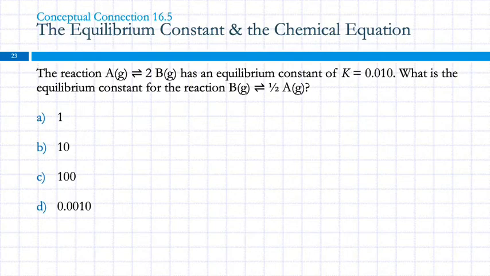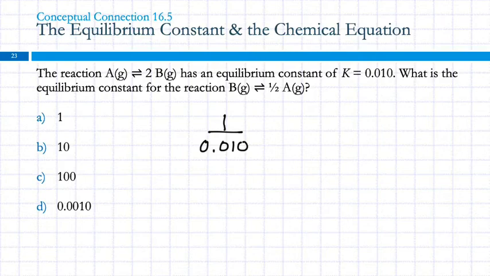So when I reverse the reaction, what do I do to the exponent? I do it to the coefficient. No. What do I do to K? I invert it. So we're going to have 1 over 0.010. But what else is different? It's divided by 2. We divided the reaction by 2, or we multiplied it by 1/2.